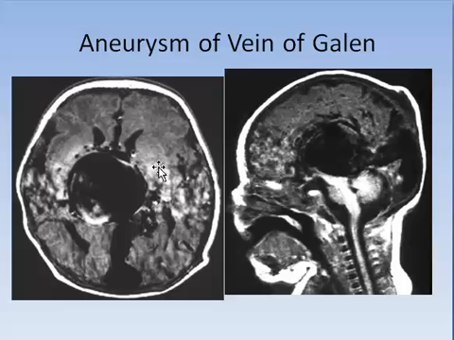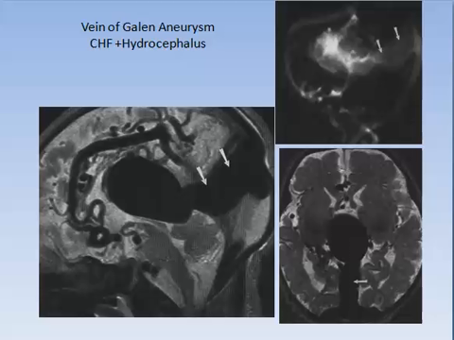The T1 weighted images show hemorrhages, a large vein of Galen aneurysm with congestive heart failure and hydrocephalus. Of course, the draining veins are also dilated.